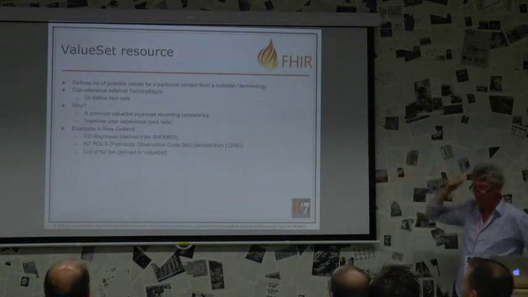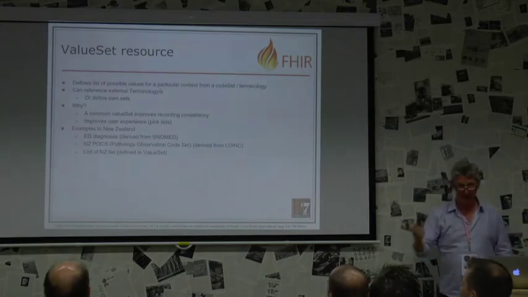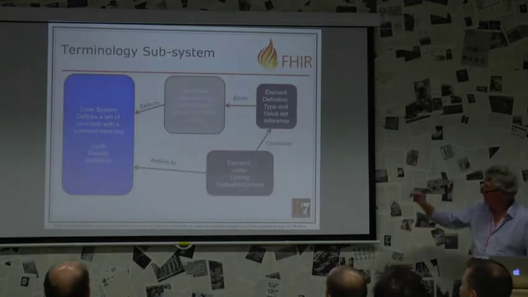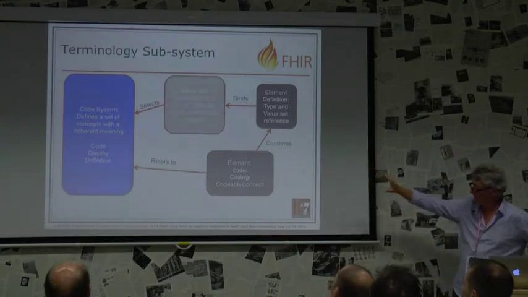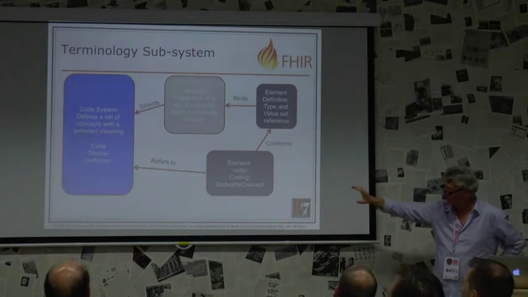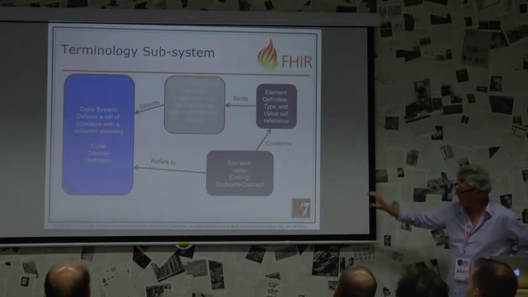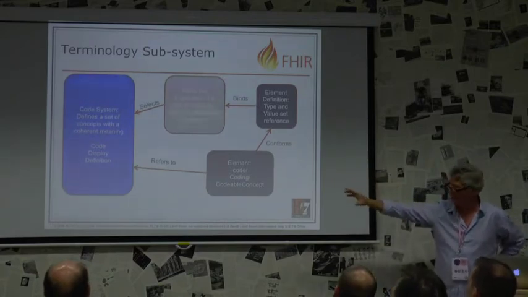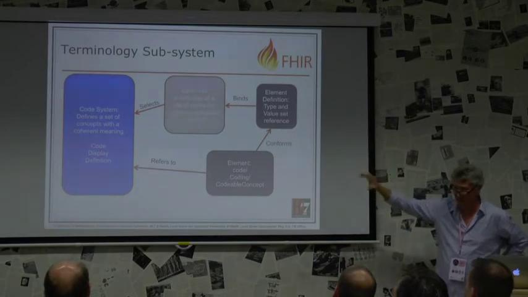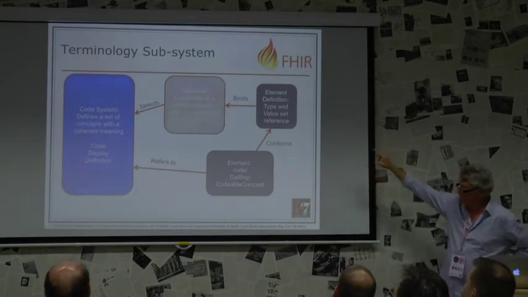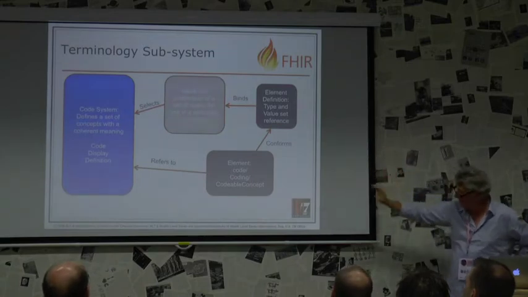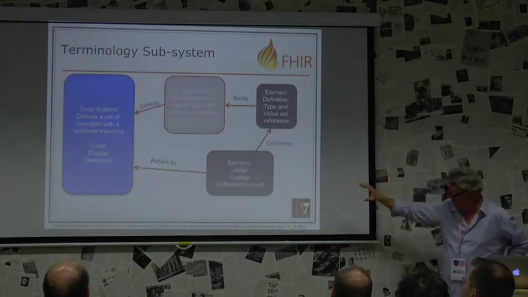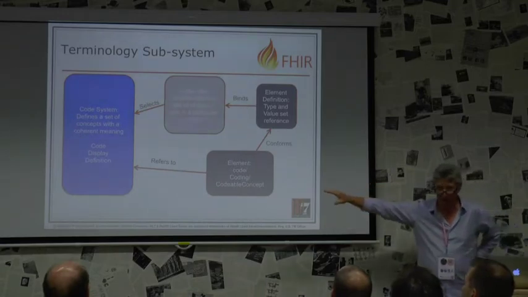So those are some examples of value sets, but there are tons of others. This was from the talk yesterday, but it's quite a nice one. It was one of Graham's initially, but it talks about the relationship of the various components: your code system there, such as SNOMED, the value set, which is describing your subset, your element definition, which comes from your profile, which is binding to the value set, and then down the bottom there, your actual resource instance, and the value inside the instance still talks to the terminology itself.